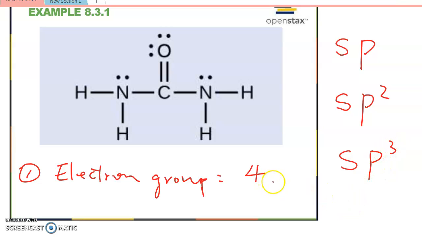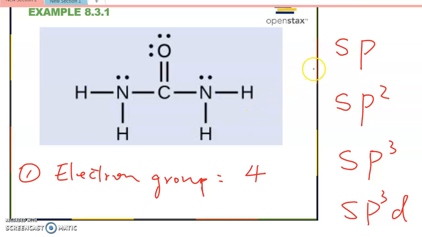If we have more electron groups, we have to go to the next one, sp3 and start from the d and on. So sp3d1, sp3d2, until what is the maximum number for the d orbital? 5. And then after that, we go to the f. But for this semester, most likely you will see only these 4 types.